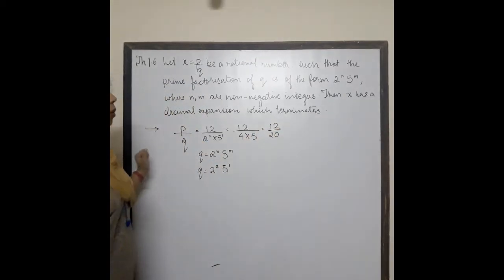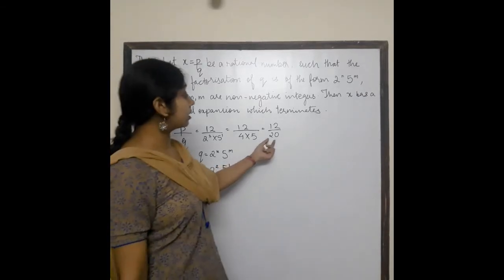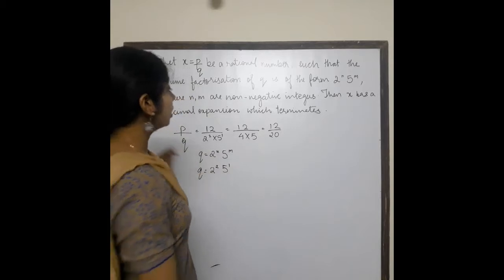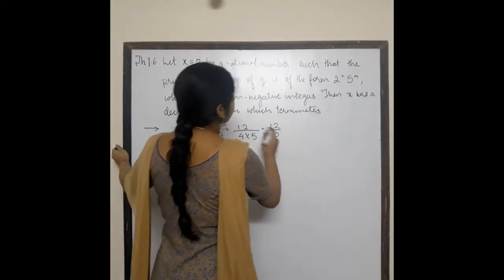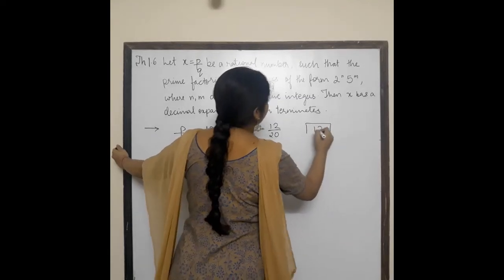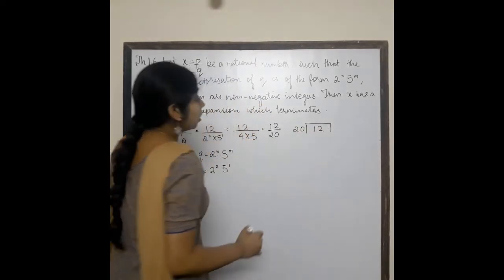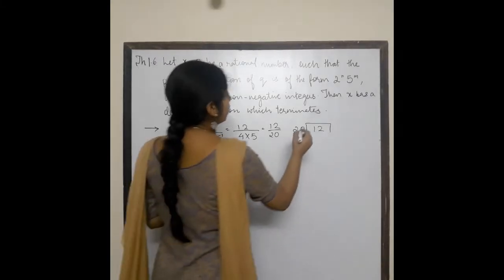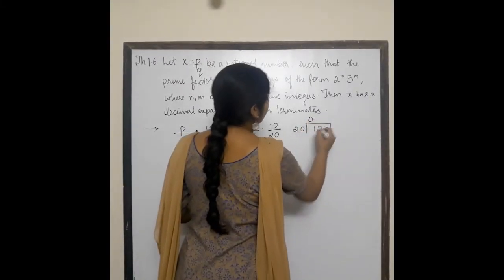Now 12 upon 20, don't worry children, this is still in the form of 2 to the power n, 5 to the power n. Now to solve this, let us divide 12 by 20. Now 12 is less than 20, so we need to have a decimal. So 0. will come here.